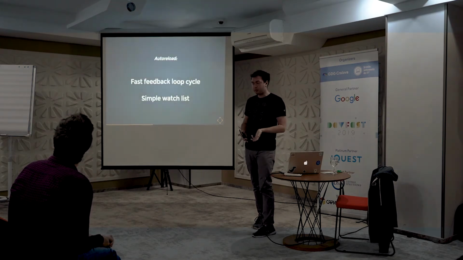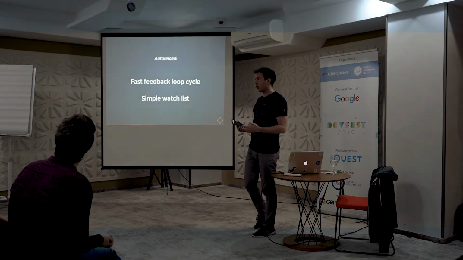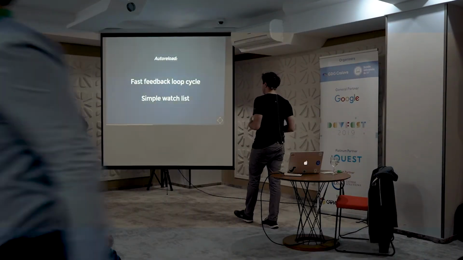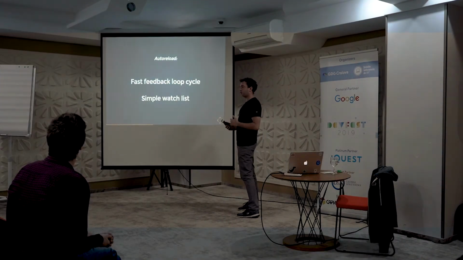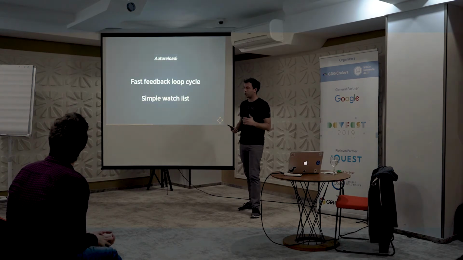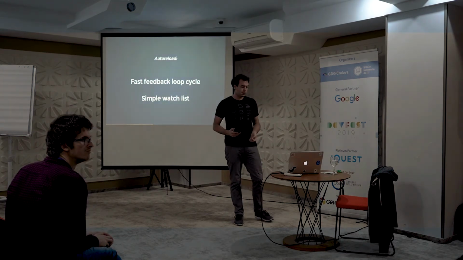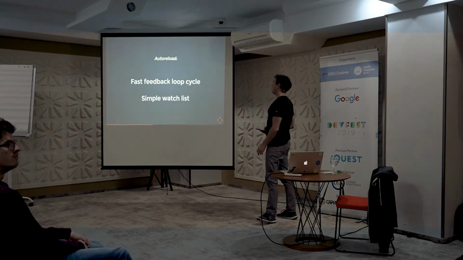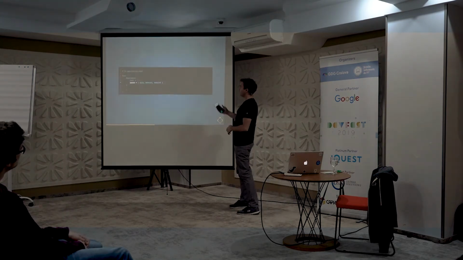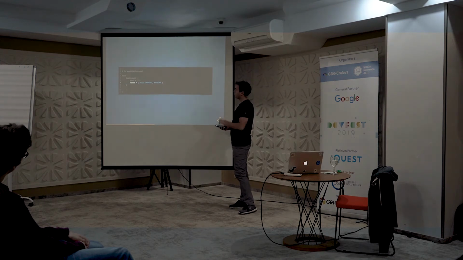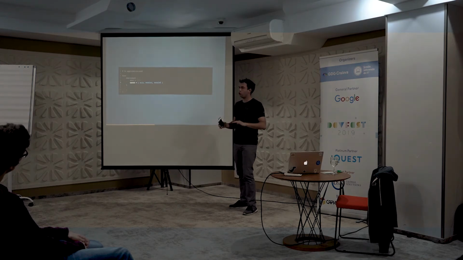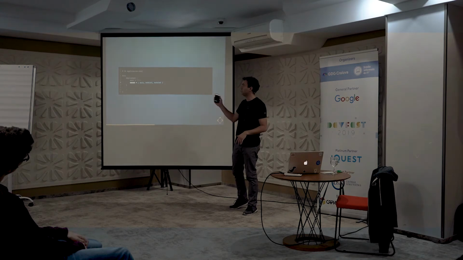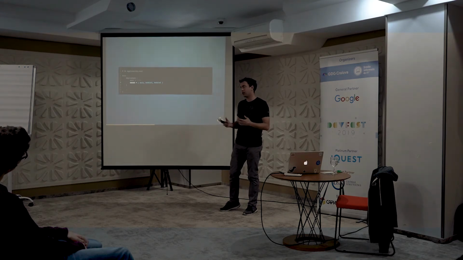All right, the next bit is that we're developers, so we want to see really fast what's going on and if what we've built runs as it should. So they have an auto reload that's really easy to set up. Basically somewhere in the configuration files you just have this one line of code where you say, hey, I want you to watch any changes that happen in these Java modules, Gradle modules.